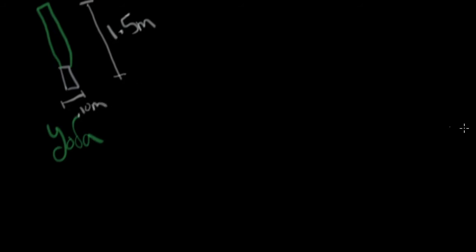So 0.1 meters. And then we have Luke's lightsaber, which is kind of like Anakin's, which Obi-Wan used for a little bit. So let's draw Luke's, kind of blue. But let's just imagine, because obviously their lightsabers are going to be bigger because they're just bigger people.